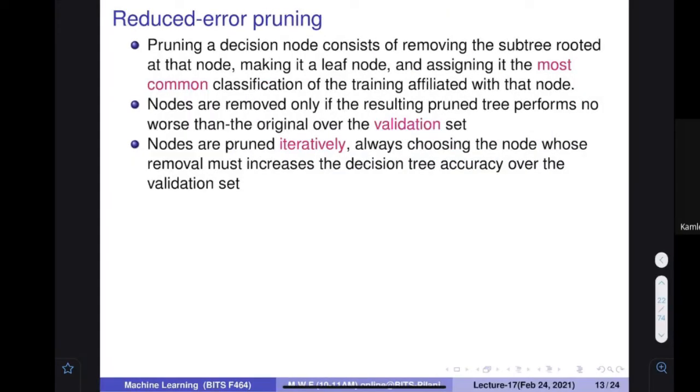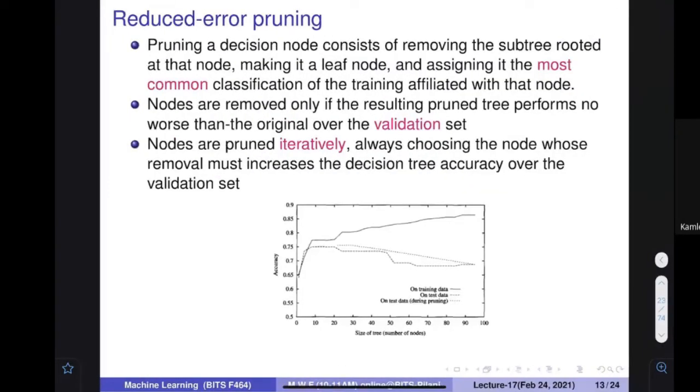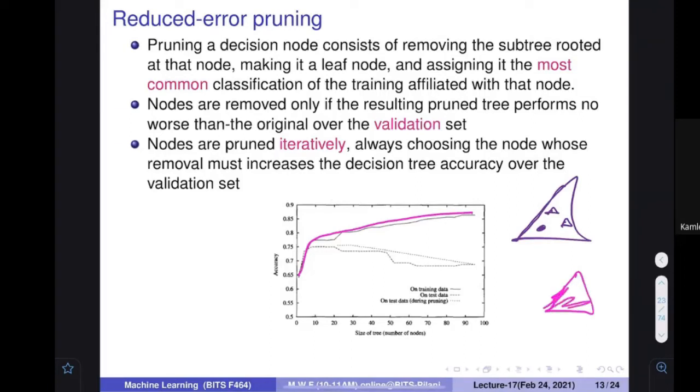You do it in an iterative way, removing something, then removing something else. Initially in this tree you remove this part, then after some time this part, and ultimately the remaining tree is what is left, so some parts are deleted. A few minutes back we saw the curve: as your tree was growing, this was the error on the training data, and on the testing data you know the accuracy is going to reduce.